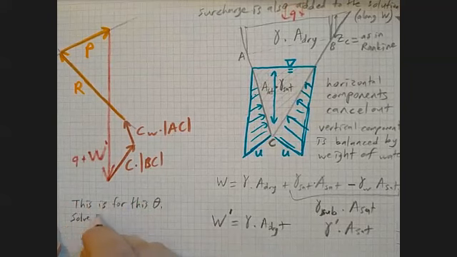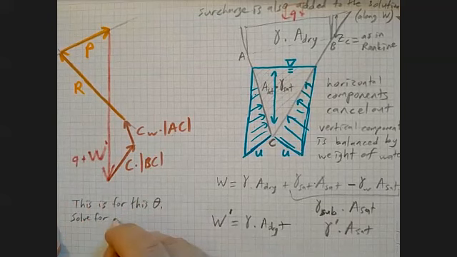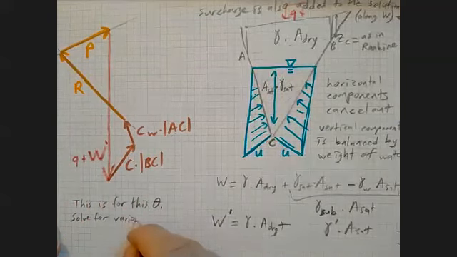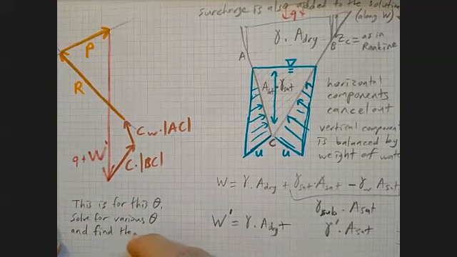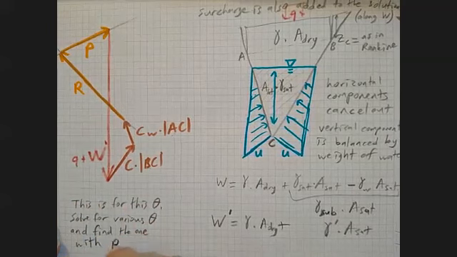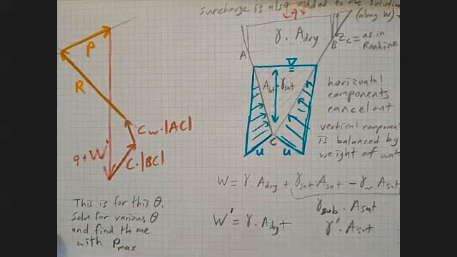So for, where is theta? And find the one that gives the maximum active thrust.